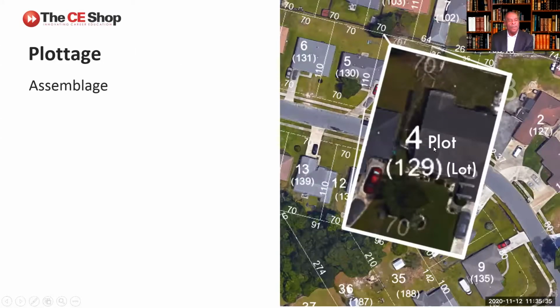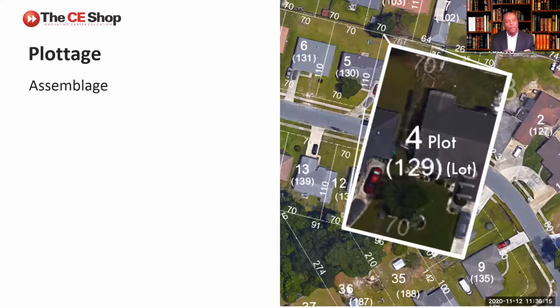Plottage. Also, you see the word assemblage. So what is plottage? Plottage is converting two lots. And let's say the value of those lots is $20,000 per lot. So you have two lots valued at $20,000 per lot. If I join those two lots, I possibly now have a lot that exceeds the value of those two lots.